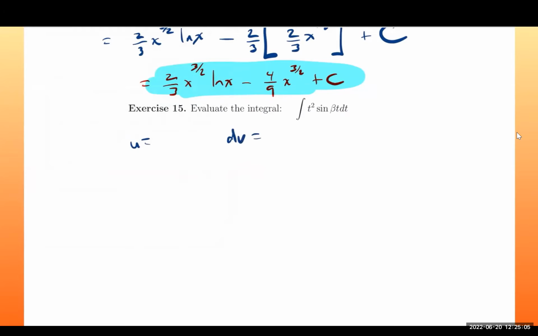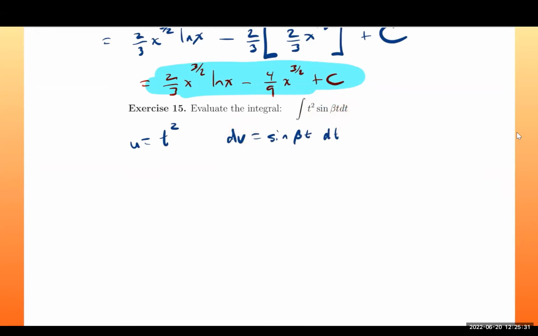Whenever you have an algebraic expression, that's always going to be u versus the trig function. So this should be our u, because when you differentiate it, the degree gets smaller, which leaves sine beta t dt for our dv. Remember that the differential will always go with the dv.